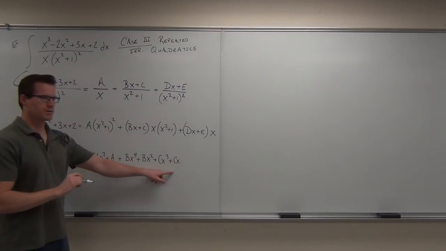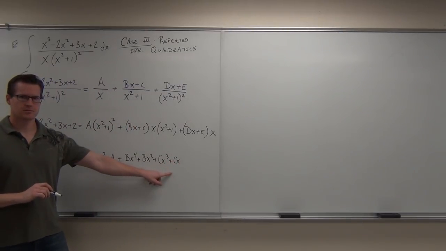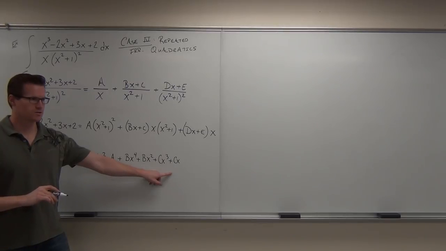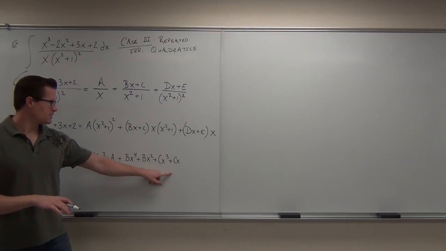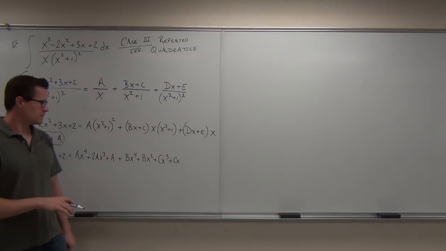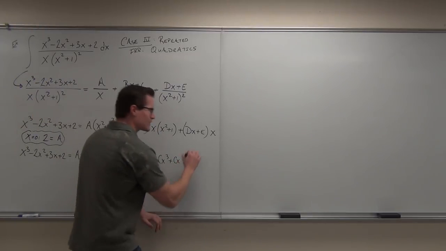Did you get that for the second one? Same thing? Yeah. I want to make sure I'm right too, so don't leave me hanging here. If you got something different and I did it wrong, you let me know. Wait, that's what I got. Because of the X. I got that too. Cool. Okay, this one should be easy.